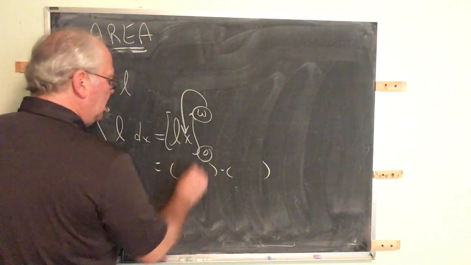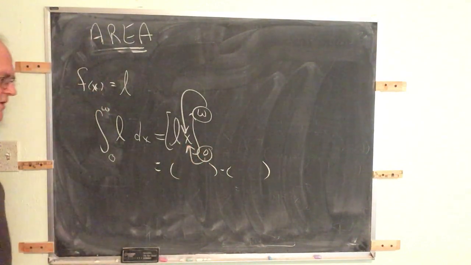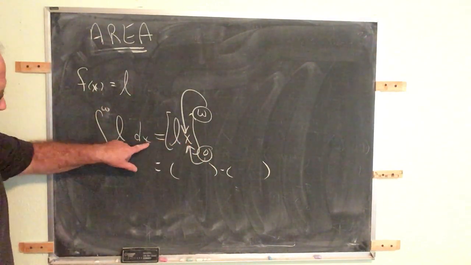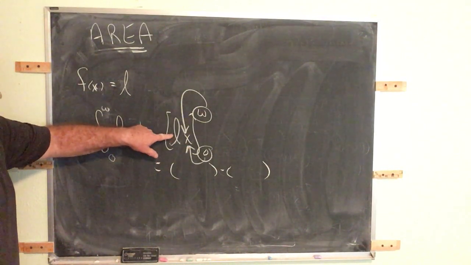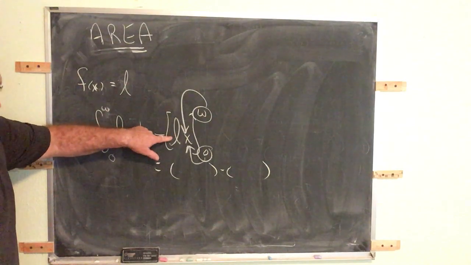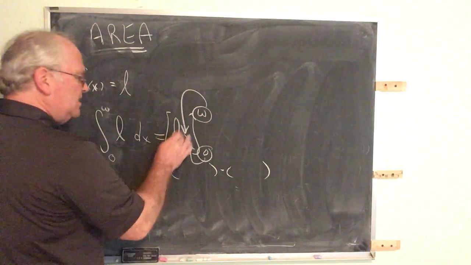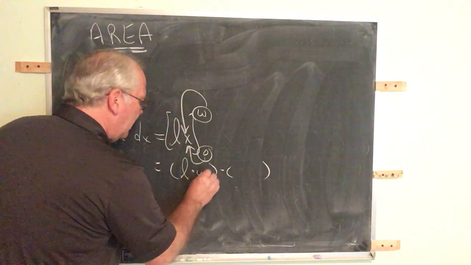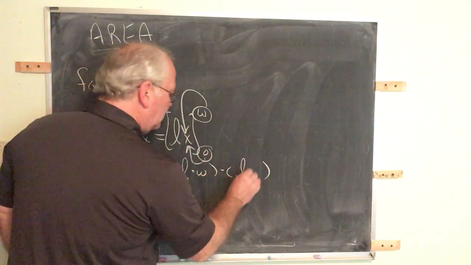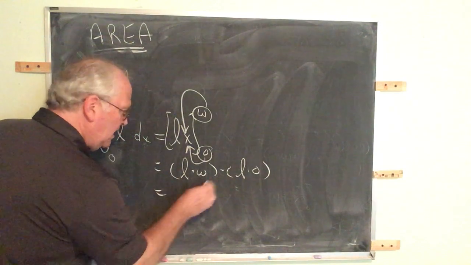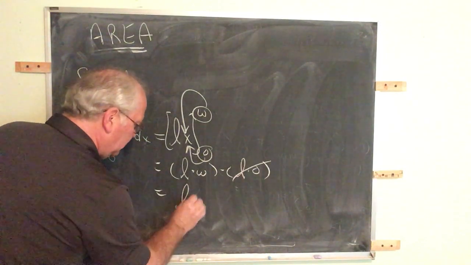Then you take the lower limit of integration and substitute it for the variable. Remember, x is the variable, L is a constant. You treat L as if it were a 5 or a 20 or a 6. So evaluate at the top, this is L times W, and then evaluate at the bottom, that's L times 0. That falls out, so this is L times W.